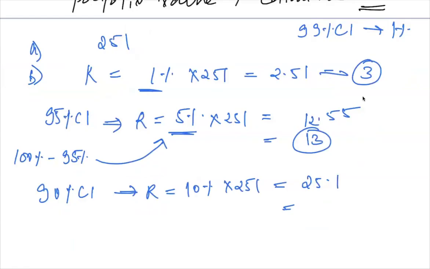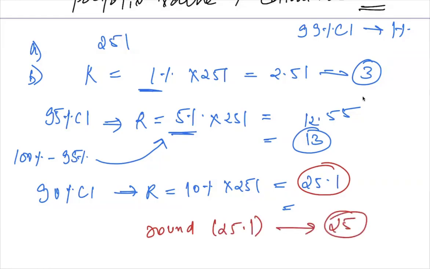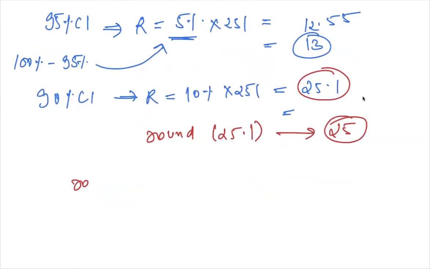Now here is the question. When you round 25.1, it will be 25. But do you need to round up or just take the nearest round? These are two different schools of thought. Either you can round up or you can just round.